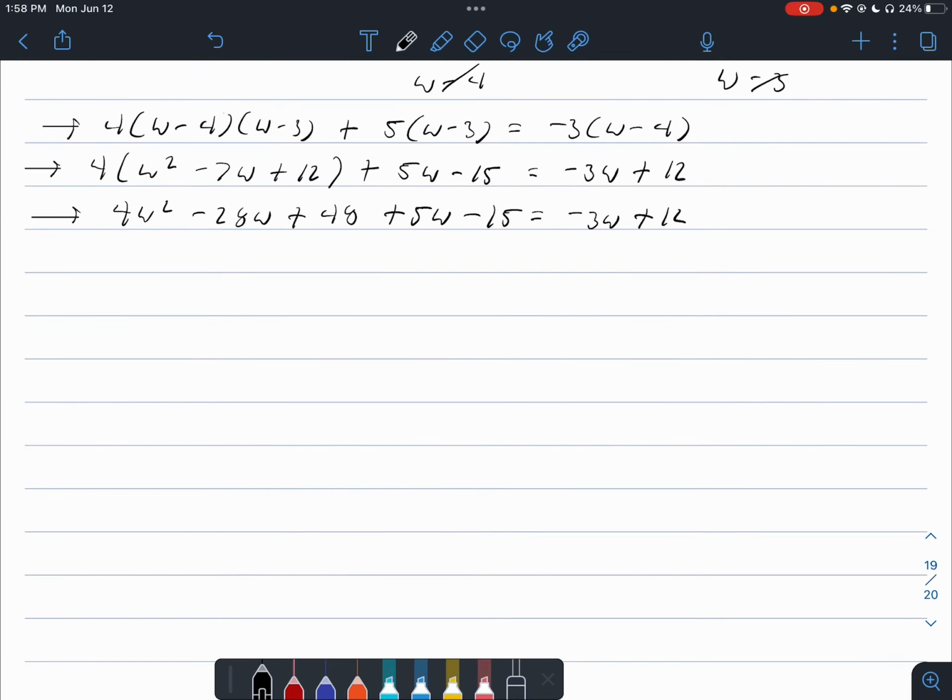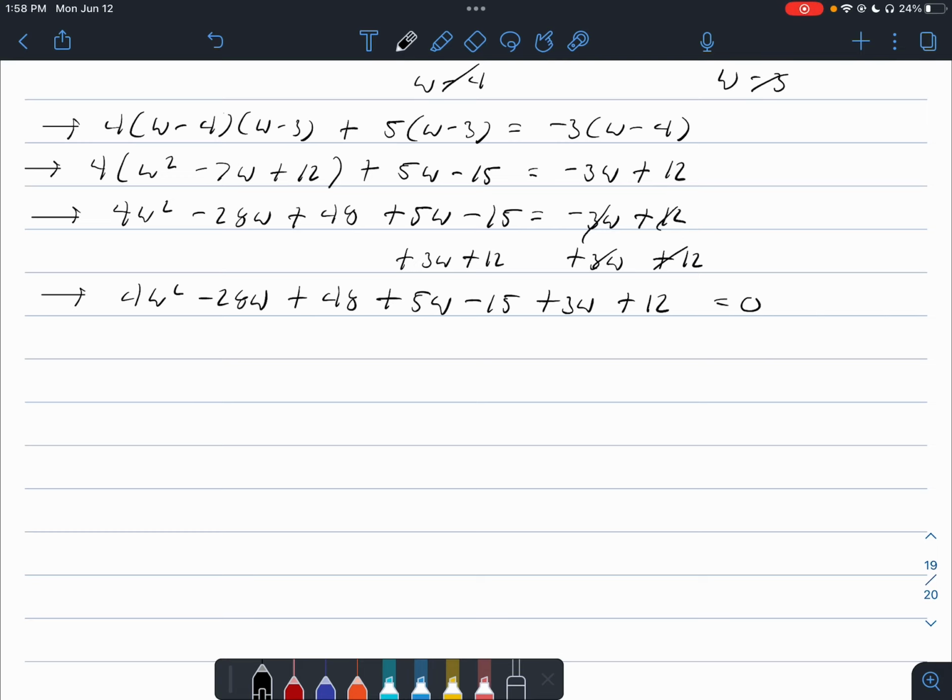So let's go ahead and move the plus 3w and the plus 12 over to this side here. And we'll end up with 4w squared minus 28w plus 48 plus 5w minus 15 plus 3w plus 12 is equal to 0.